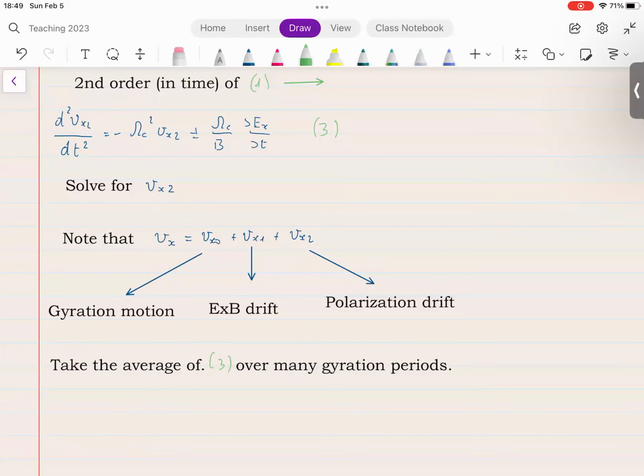If what's left after this average operation is smaller than order 2, then I can neglect it in my equation. Then I only have one little piece left.